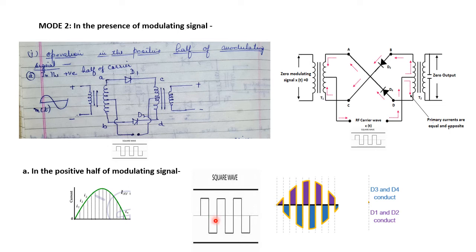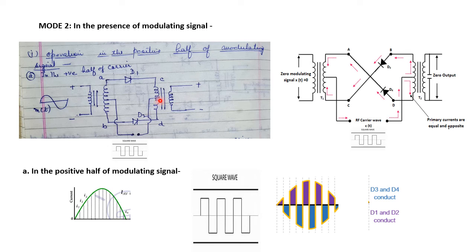Now let us consider the case when the negative pulse of the square wave or the carrier wave is being applied. As we have seen earlier, when the negative of the carrier wave is being applied, then the point which is connected to the transformer T1 is negative, and the point which is connected to the transformer T2 will be positive.